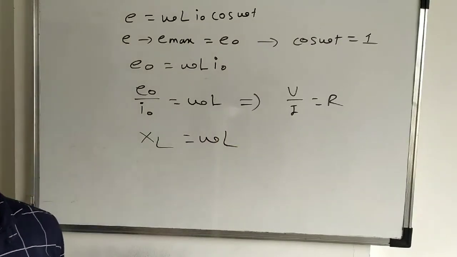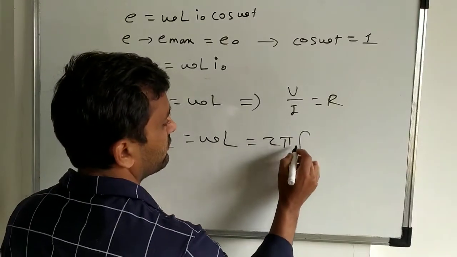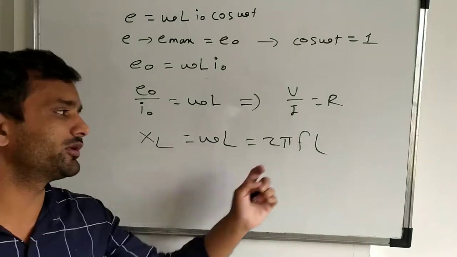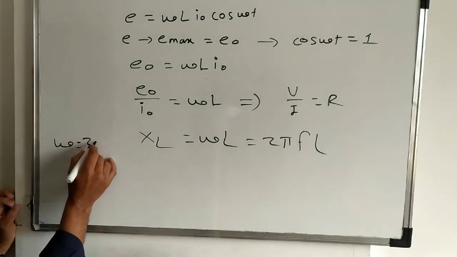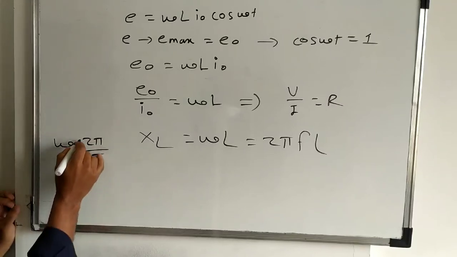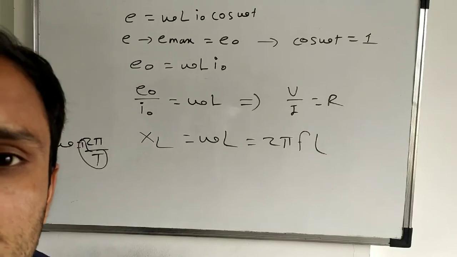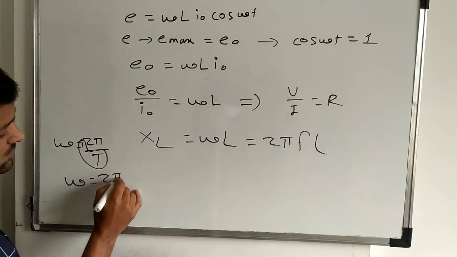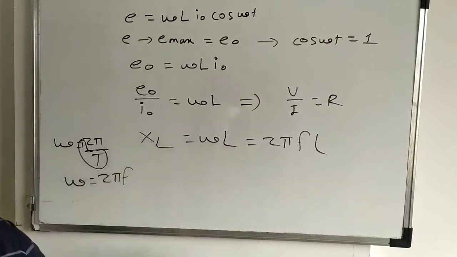If you put the value of omega, it is 2 pi f into L. Now how can we derive the value of omega as 2 pi f? Omega is 2 pi upon T. The reciprocal of the period is the frequency, so omega becomes 2 pi f.